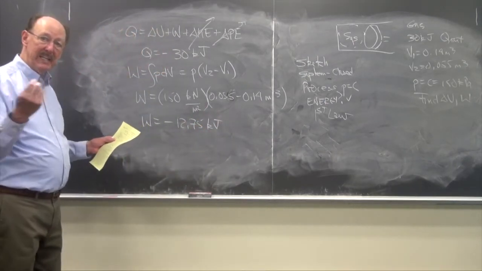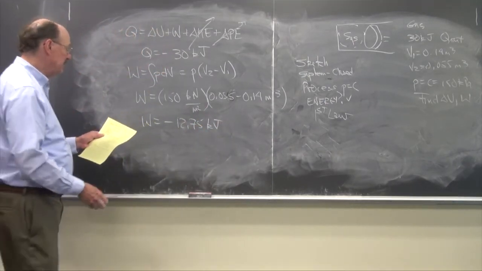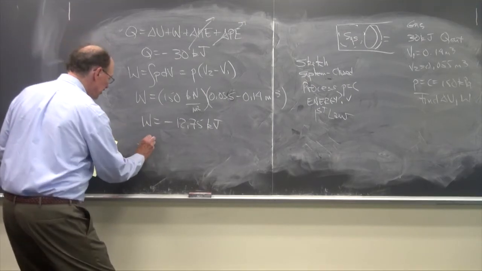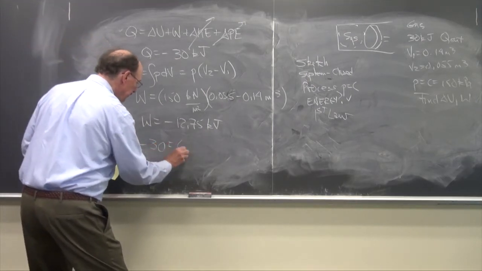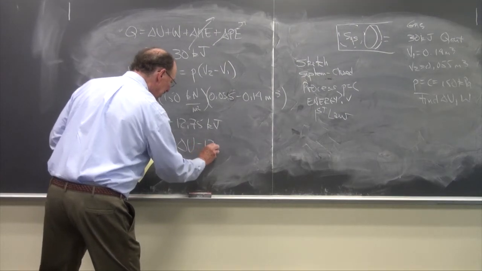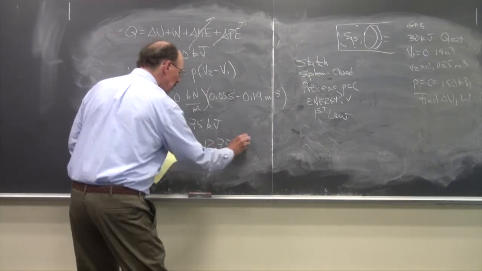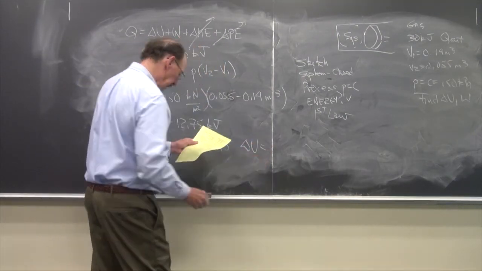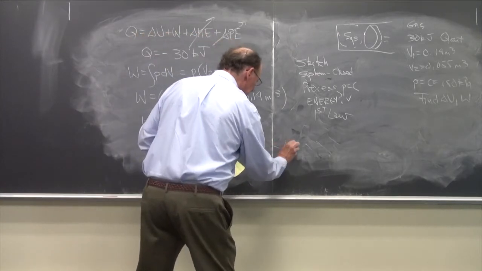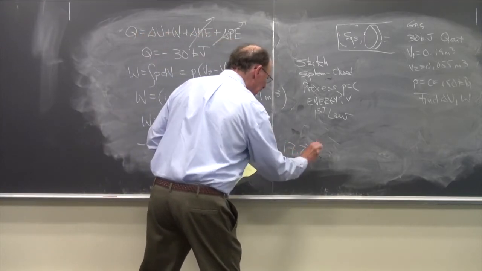It's work going in, so it's minus, and I can solve for delta U. Minus 30 is equal to delta U minus 12.75, or delta U is equal to minus 17.25 kilojoules.